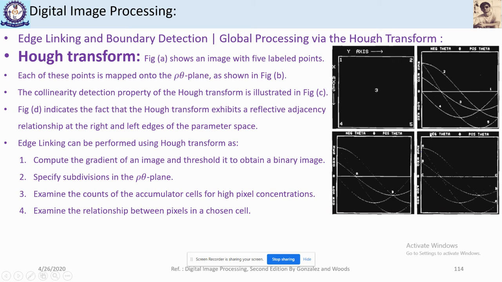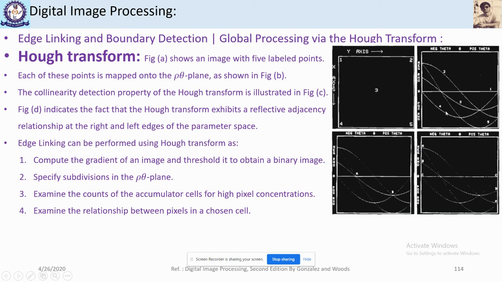Now, how can we utilize this Hough transform or the parameter curve in finding out the details about these points? Now, here we see that the curve corresponding to point 1, point 3, and 5 meet at point A. These three curves meet at point A. This means what?